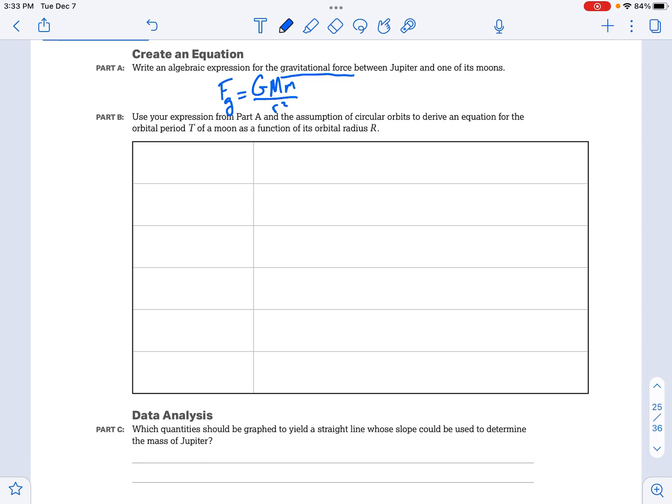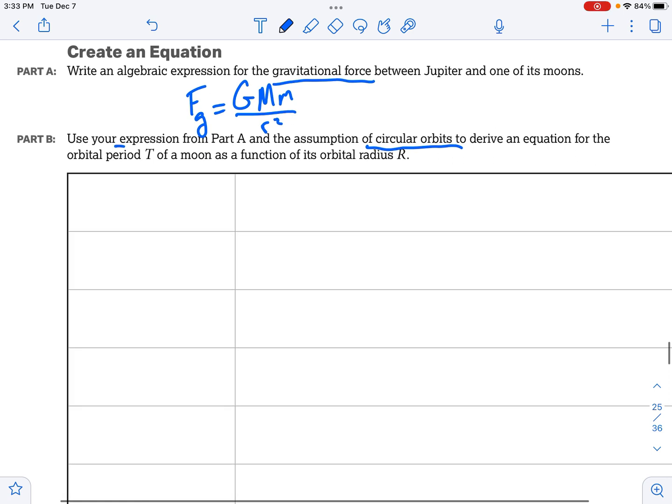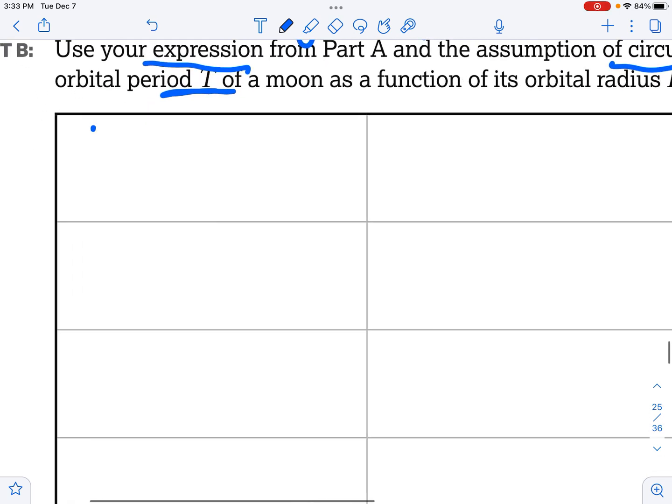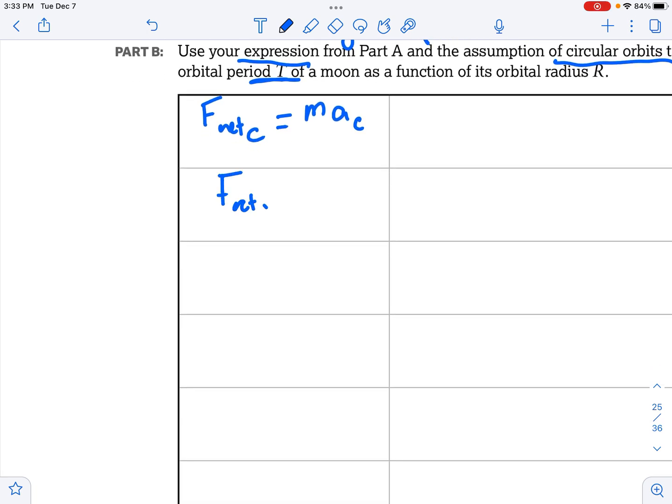Use your expression from part A and the assumption of circular orbits to derive an equation for the orbital period T of a moon as a function of its orbital radius. So we want an expression for orbital period. Okay. So I'm going to start with F net C equals m a C. I'm going to go to F net C equals m v squared over r.